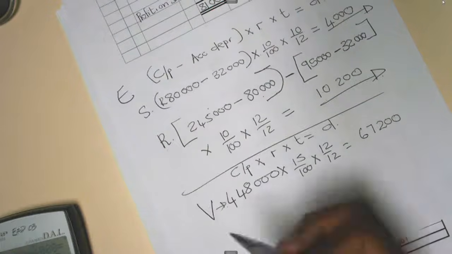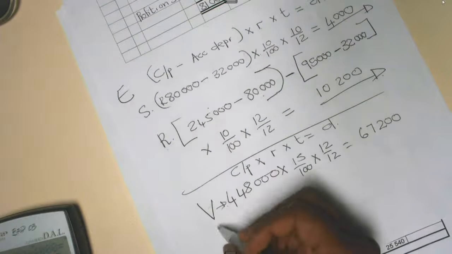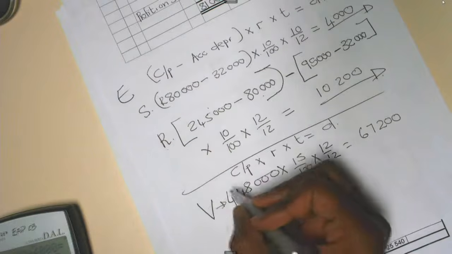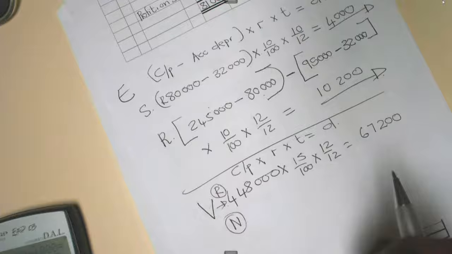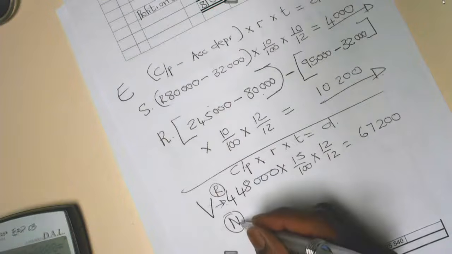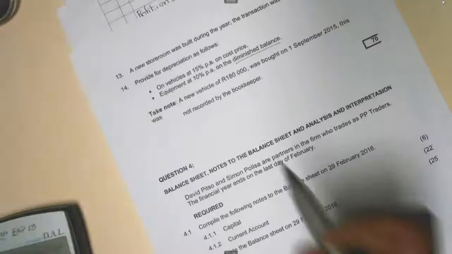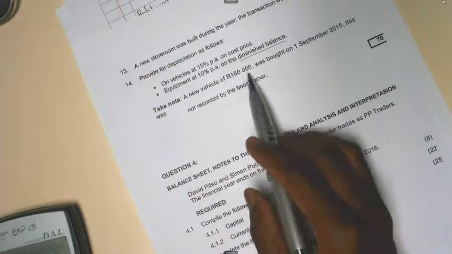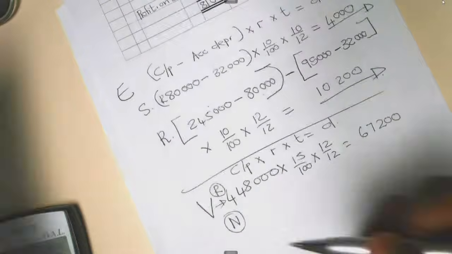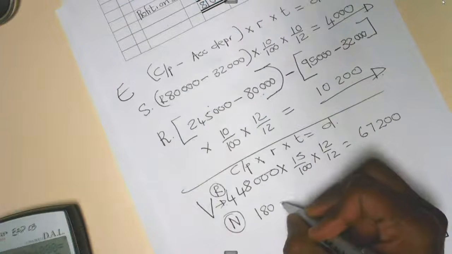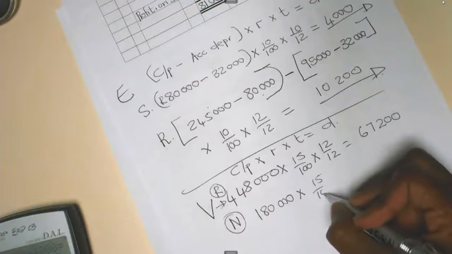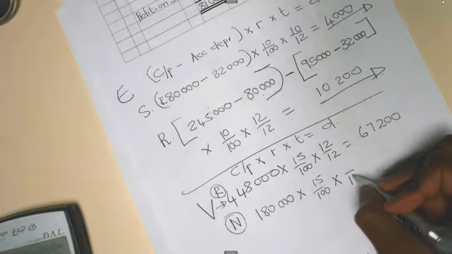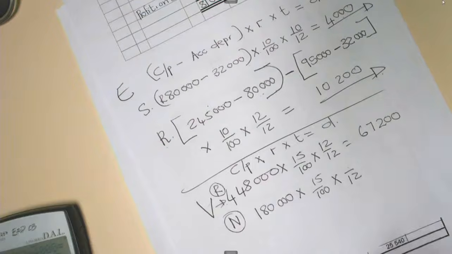Then next, remember they say we have a new one. Here under vehicles, we did the remaining one, the new one. So under the new one, they said on the information, a new one was bought, 180,000. So the cost price 180,000 times 15% times, now we need to determine for how long did we use it.